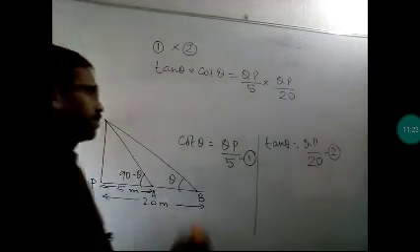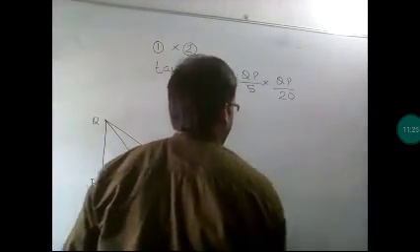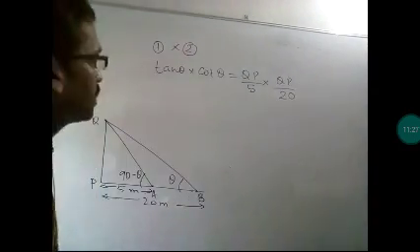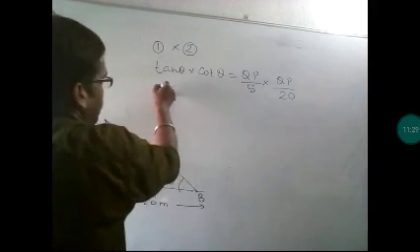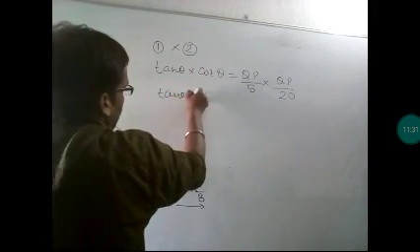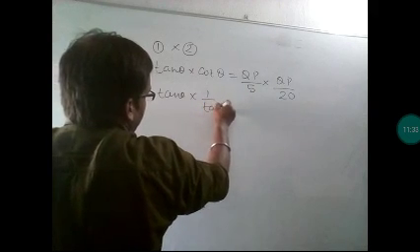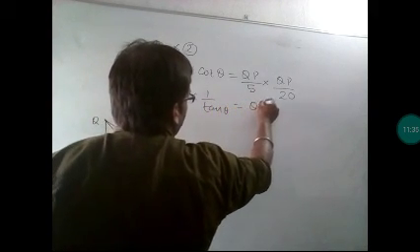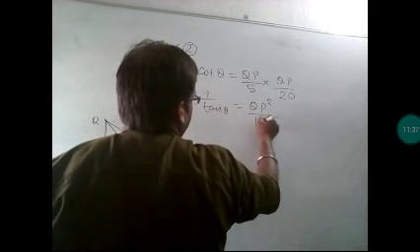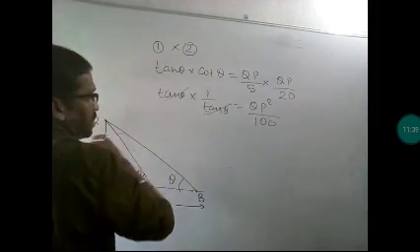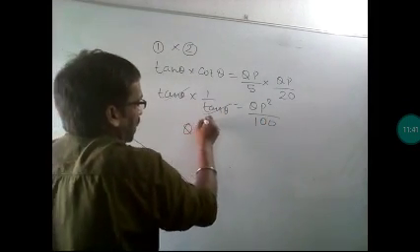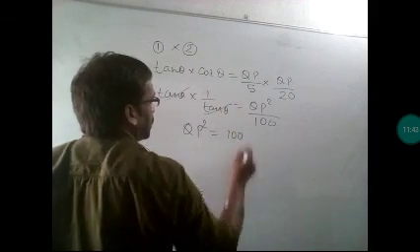As I have said just now, tan theta into cot theta is equal to 1. So here that 1 will come, and on that side QP square by 20 into 5, that is 100. So that means QP square is equal to 100.